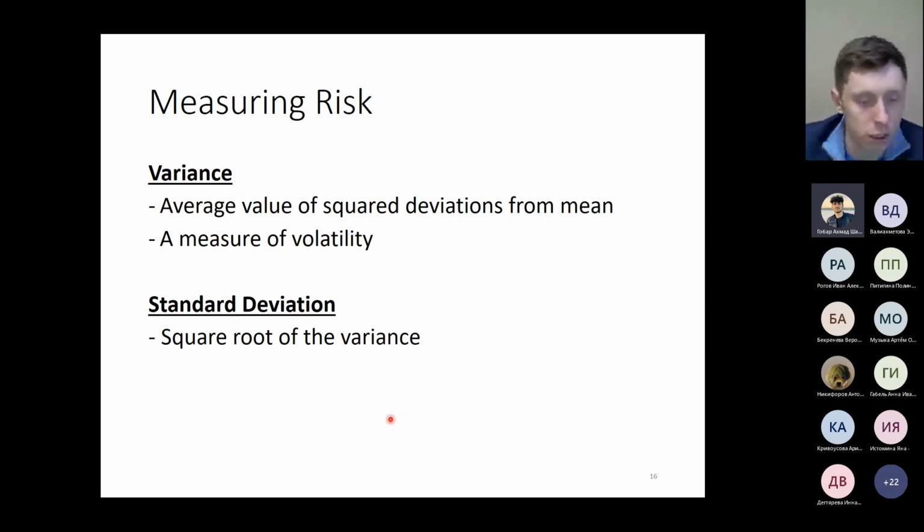The standard deviation is the square root of it. We work with a squared variance in order to put together all the changes, both positive and negative, because if we did not have the square there, then positive changes would compensate for negative changes, and the result would be equal to 0.